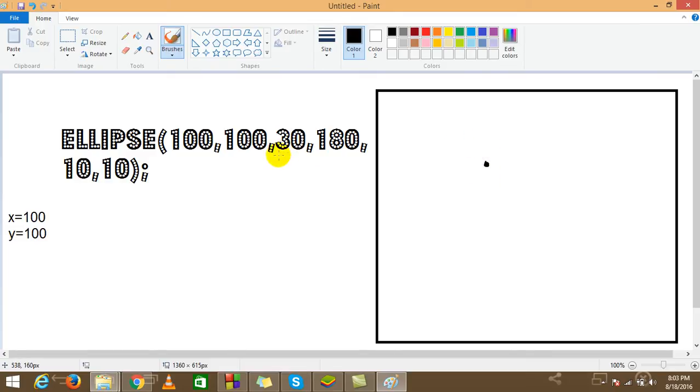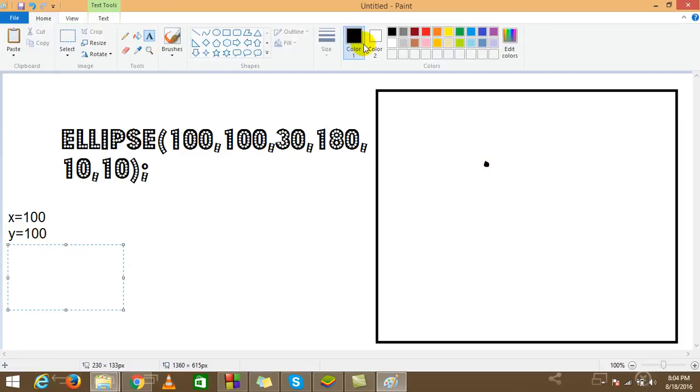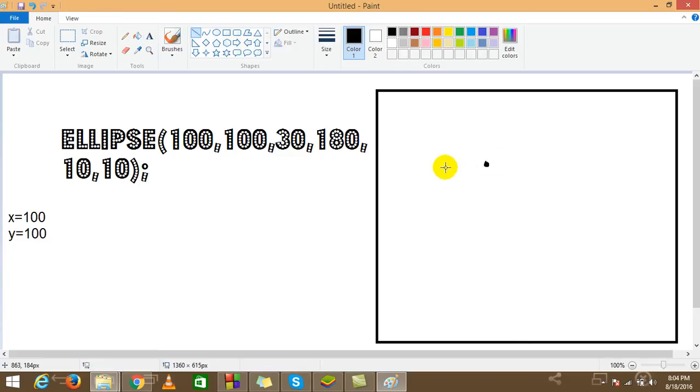So here the third argument is known as the starting angle of the ellipse, like from which angle. As you know, suppose this is a straight line, then this is 90 degrees, this is 90 degrees, and the same goes for the downside also.